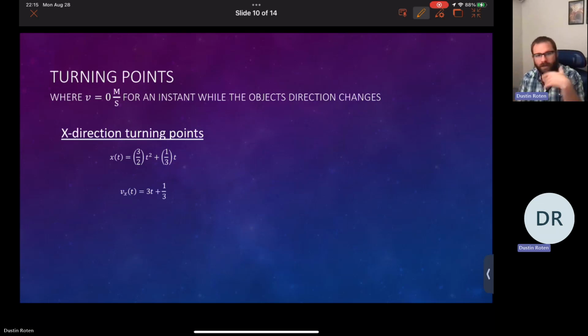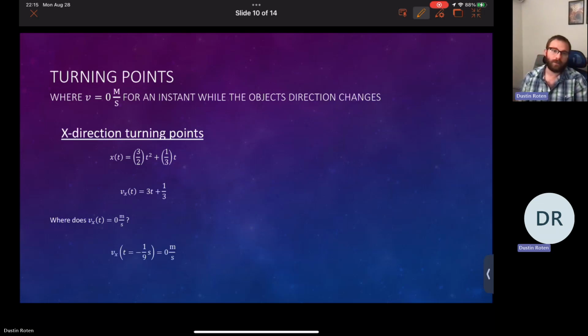Well, we need to figure out where velocity equals 0, so we can take the derivative and calculate the velocity as a function of time just in the x direction. So you'll notice that there's little v sub x there. Okay, so where does this function equal 0?